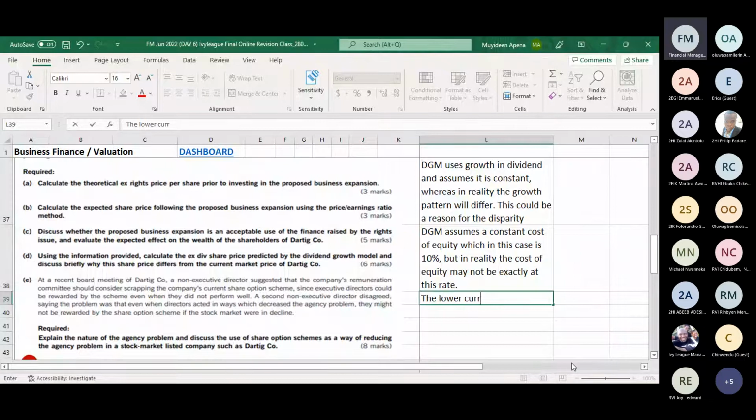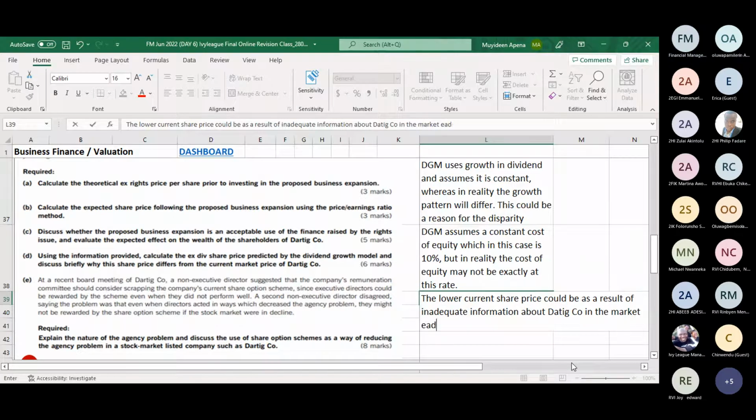Current share price will be as a result of inadequate information about Datico in the market, leading to an inefficient capital market.